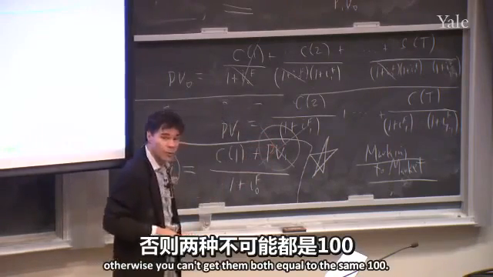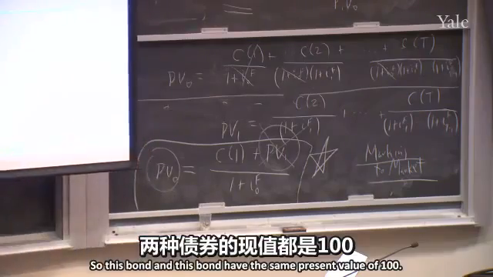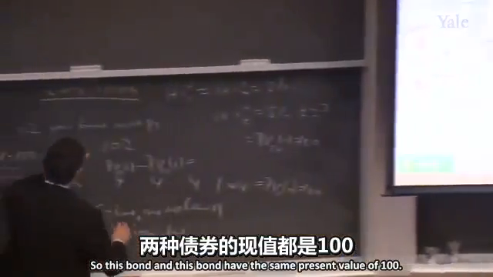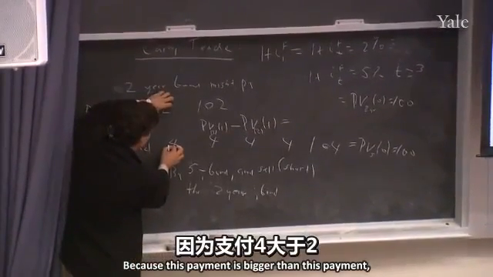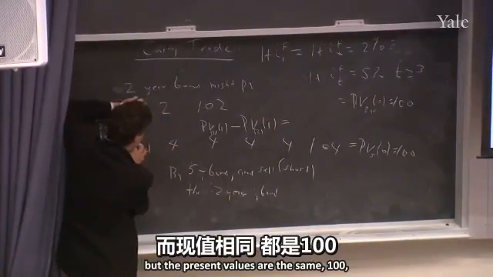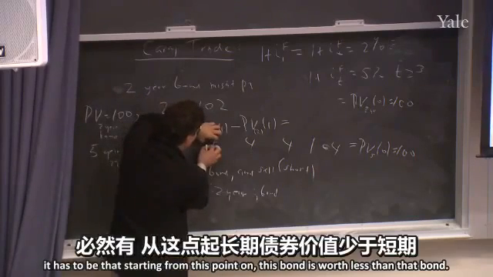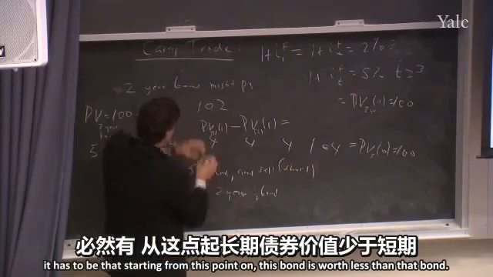Otherwise, you can't get them both equal to the same 100. So this bond and this bond have the same present value of 100. Because this payment is bigger than this payment, but the present values are the same, it has to be that starting from this point on, this bond is worth less than that bond.